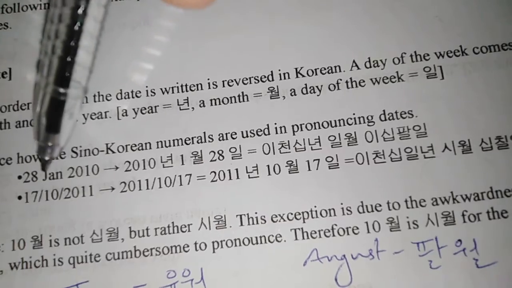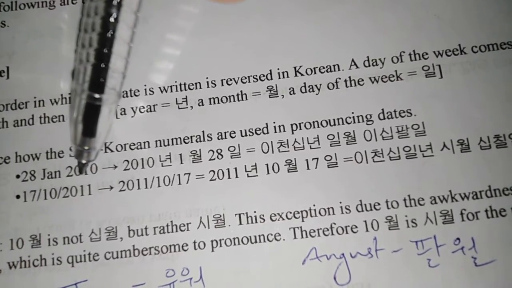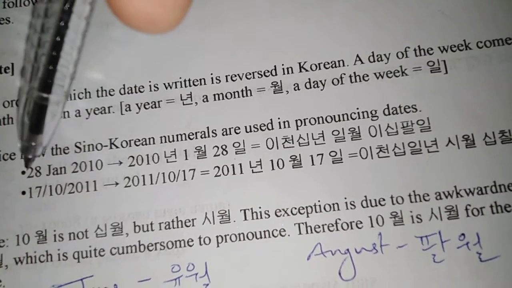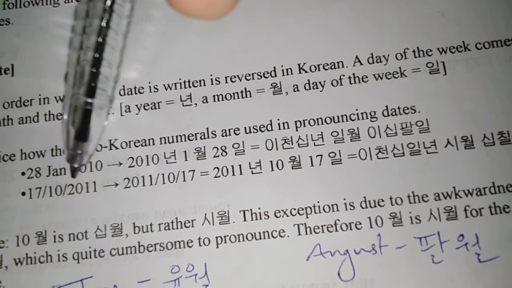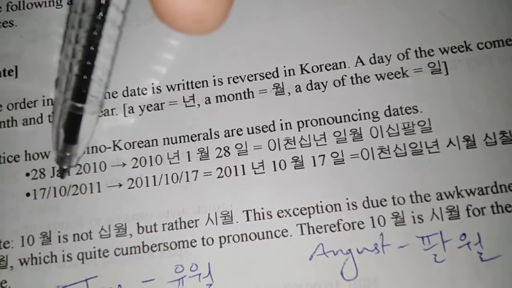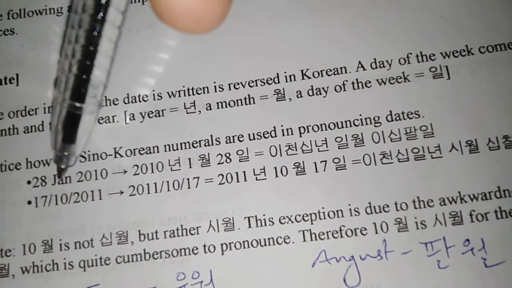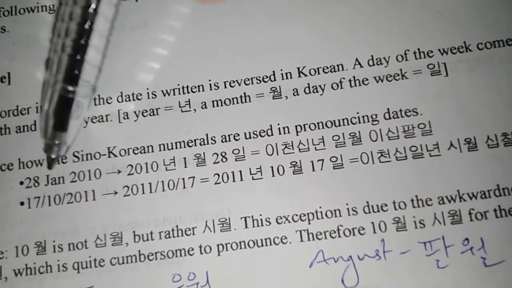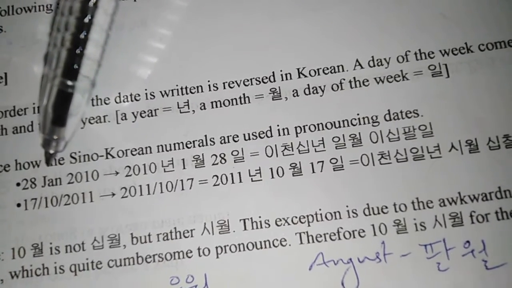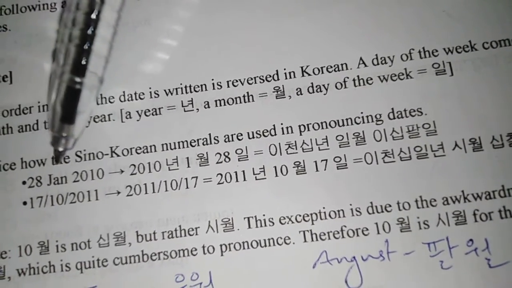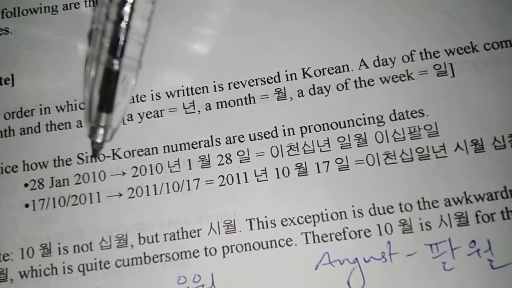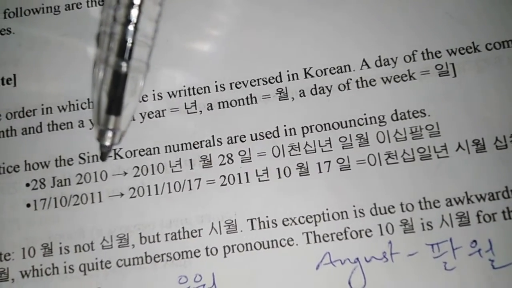The same way for the next one, it would be 2011년 10월 17일. See how I pronounced October here as 시월 rather than 십월, because if you think of it, it's hard to pronounce shibor when you're talking fast. But if you're saying shiwor, it just kind of flows out of your mouth.